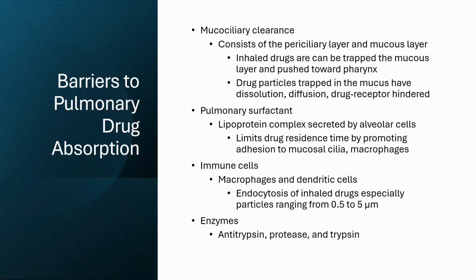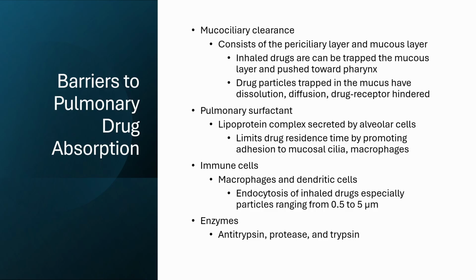There are multiple barriers to pulmonary drug absorption. The lung's mucociliary clearance system is the lung's primary defense mechanism and consists of the periciliary layer and the mucus layer. When drugs are inhaled, they can be trapped in the mucus layer and pushed outward towards the pharynx and expelled out of the lungs.